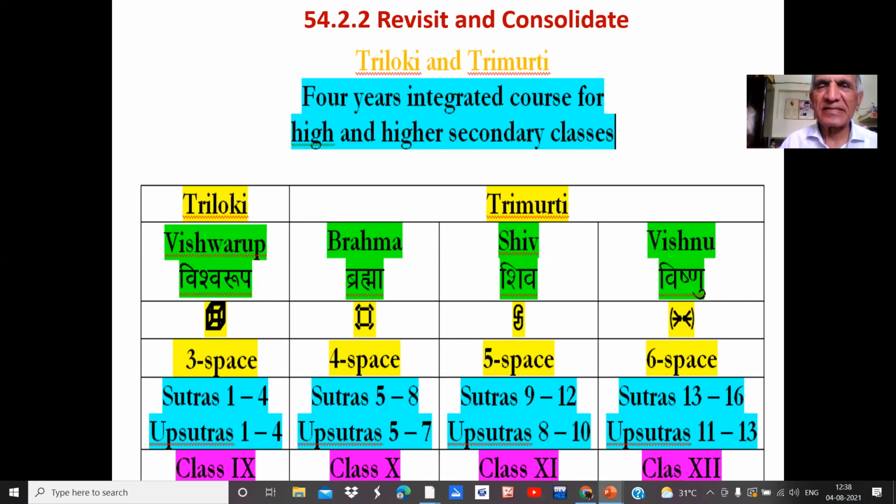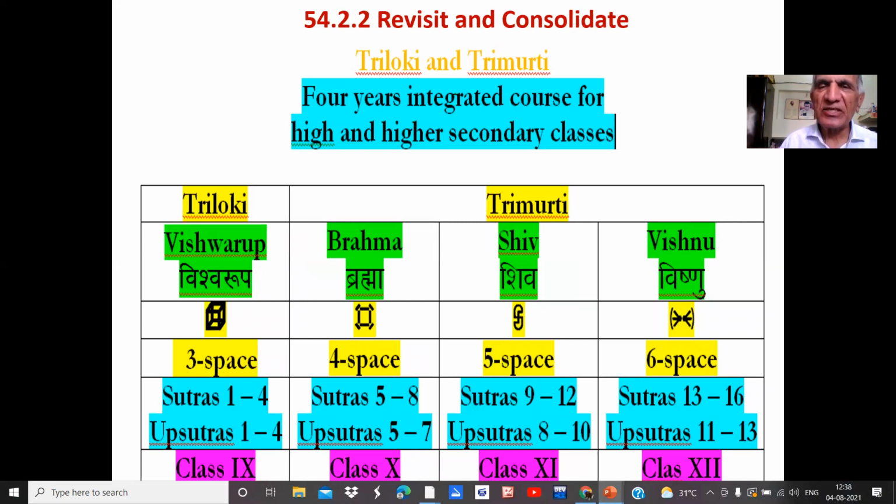Let us have a pause. We are visiting to consolidate the values of Vedic mathematics we could reach up till this point of time. These values, as a 4 years course, are being designated as the values of Triloki and Trimurti.